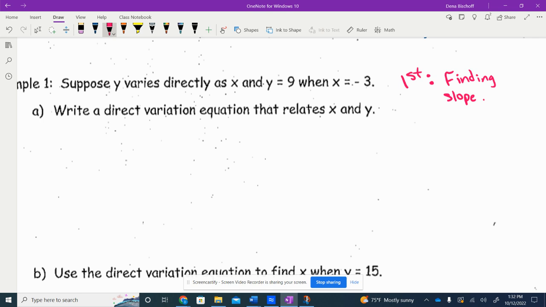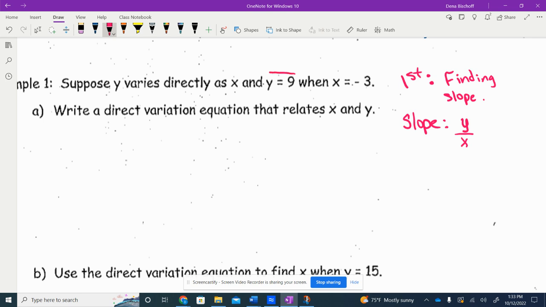You're perfect. Thank you. So the first thing that we're going to do is find the slope. So someone tell me what slope is. How do we find slope? We use the change in what? Yes. The change in the what? The rise over the run. So the rise is the change in the y over the change in x. Do you guys remember that? So we're not given an equation and we're not given a graph, but we are given coordinates.